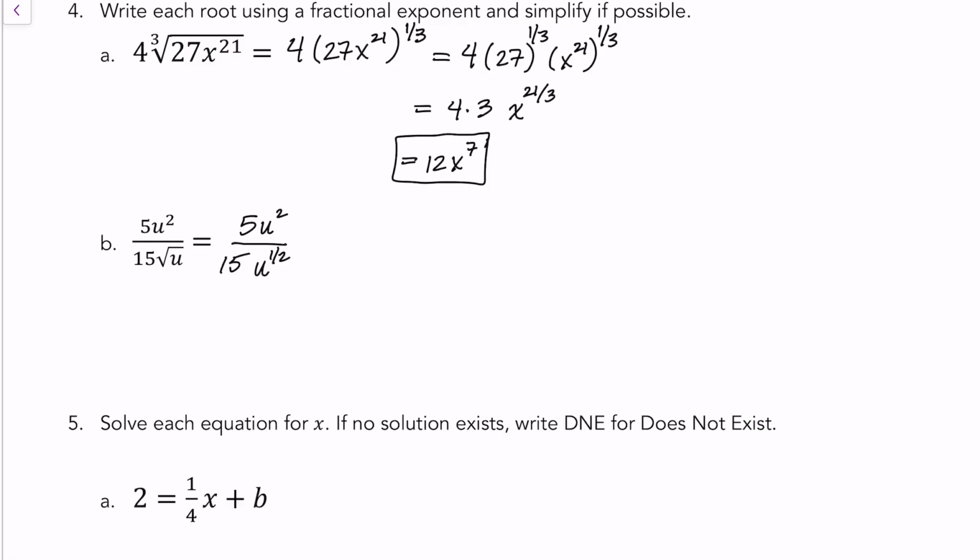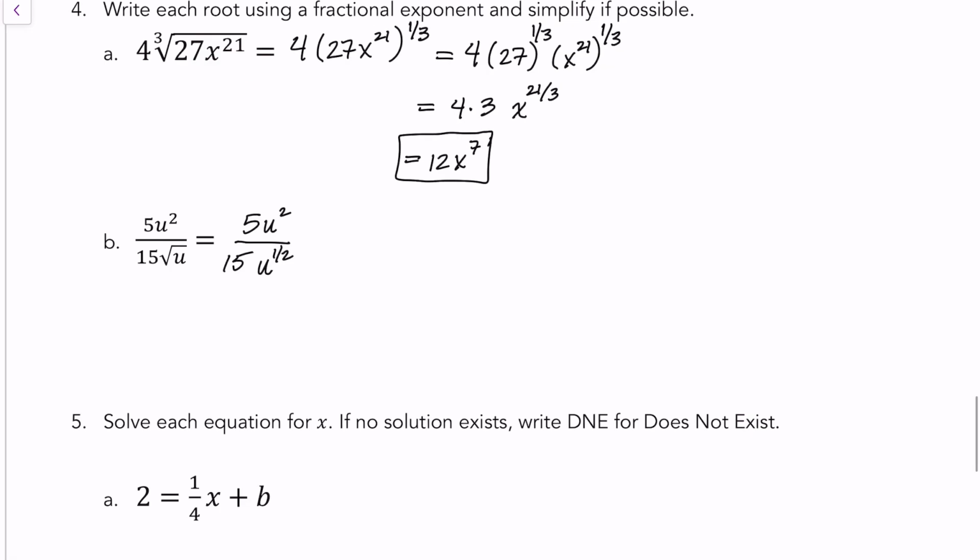Okay? So remember that whenever we have expressions like this, all we have to do is apply the following rule. The rule says that if you have u to some power of n divided by u to some power of m, all we have to do is u to the power of n minus m, okay?